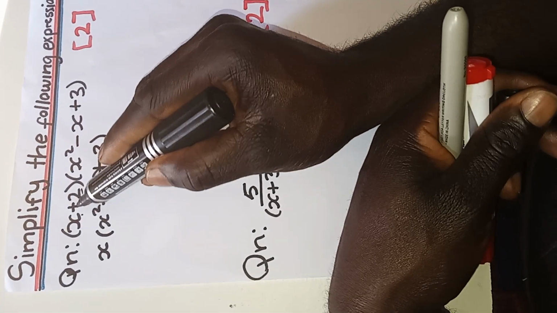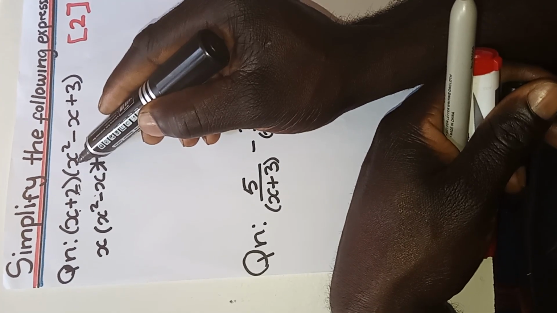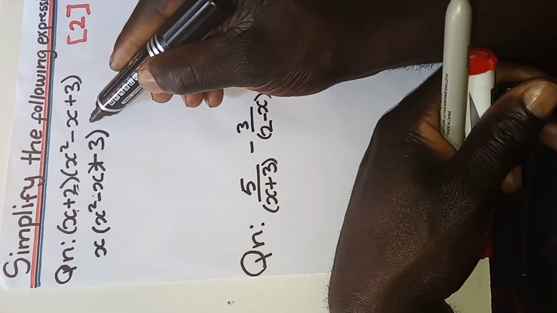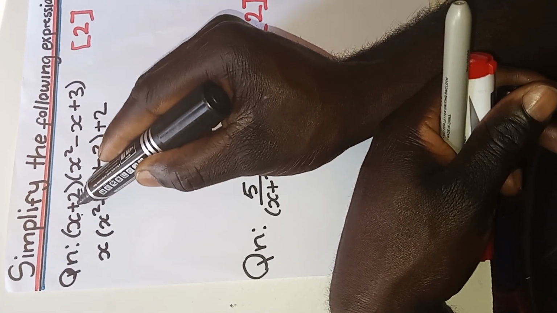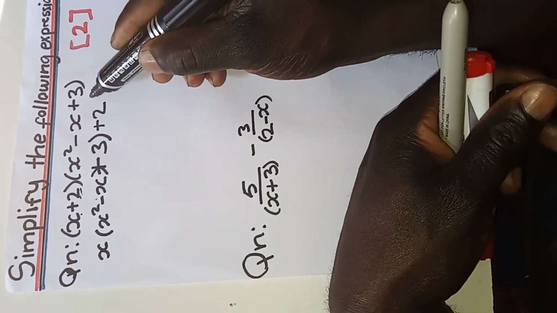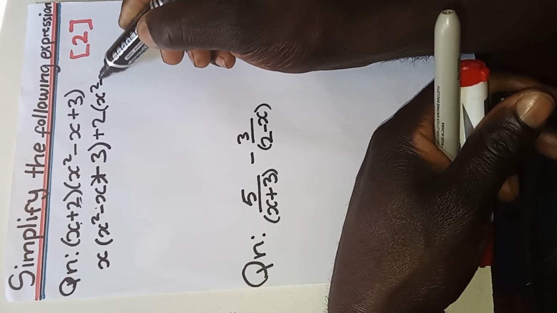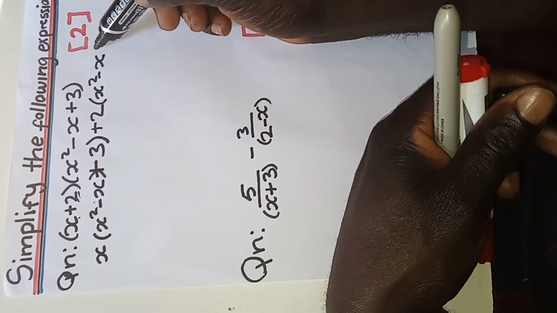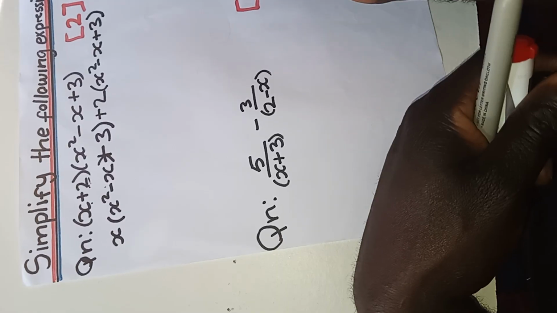Now, to take the second term and multiply it with the expression, I say +2, which is the second part of the first bracket. Then I open a bracket, put again x² − x + 3, and close the bracket.